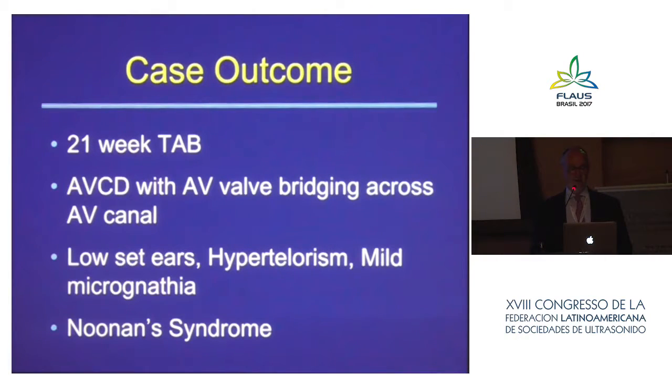So the findings, she actually also terminated the pregnancy, and the autopsy findings showed low set ears also, hypertelorism, mild micrognathia, and this was a fetus with Noonan syndrome, something that is a very serious abnormality.